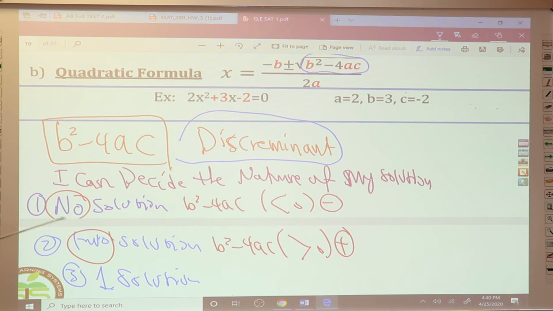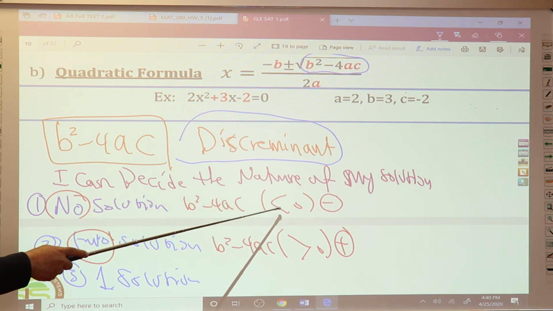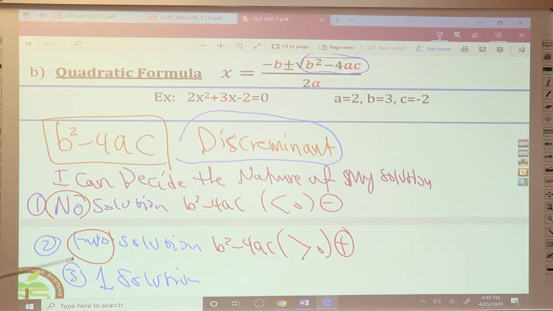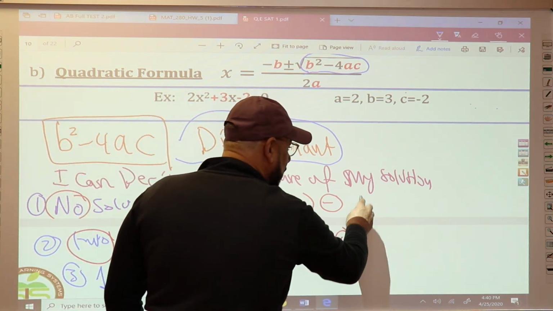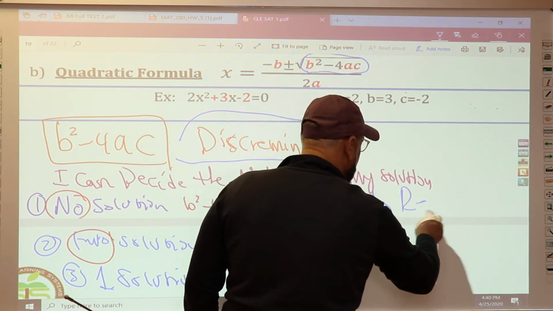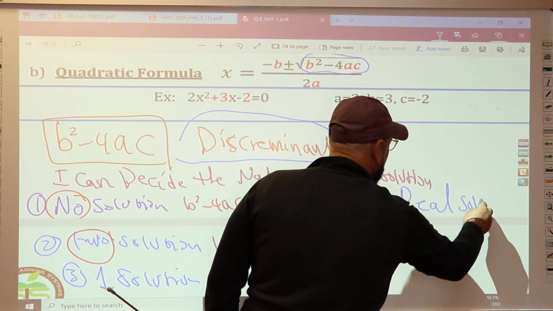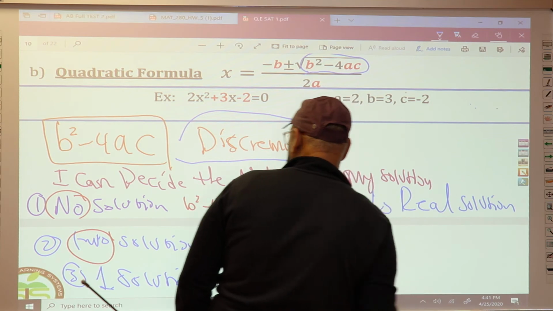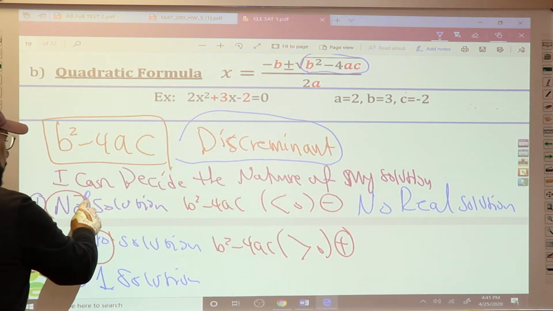How? If this is negative, which is less than 0, there is no real solution.